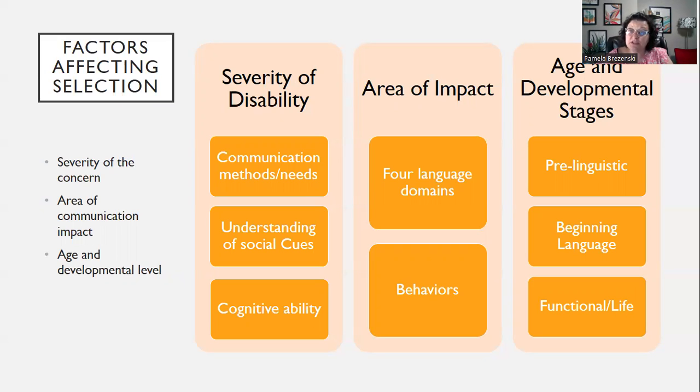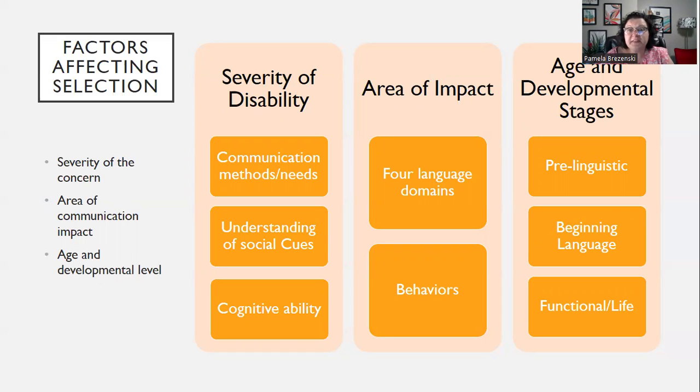You might ask the speech path to come in and do some standardized assessments. And now if it's just the social element, we might do a social skills or a social cues checklist. And so we think about how that severity of disability will help make our decision as to what assessment we will be using to drive our treatment plan.